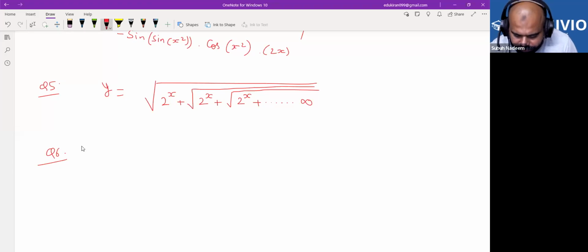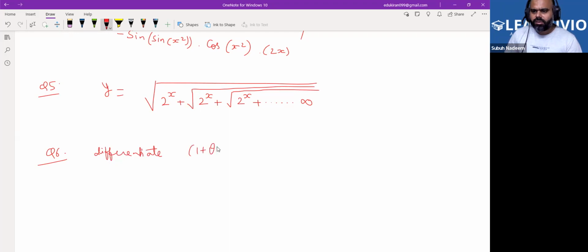Then another one is differentiate log of 1 plus theta with respect to sine inverse theta.